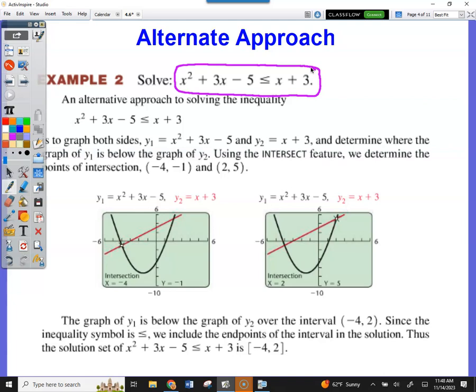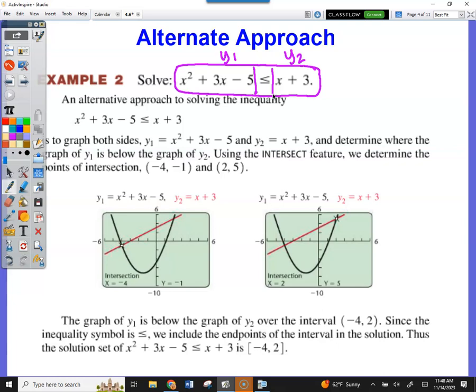If you're worried that you're going to do that wrong, you could plug the left side in Y1 and the right side in Y2, and you could check to see where your Y1 graph, you have to know the colors here, is less than your Y2 graph.